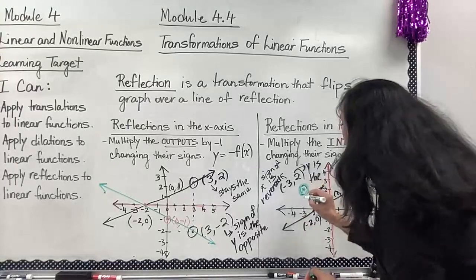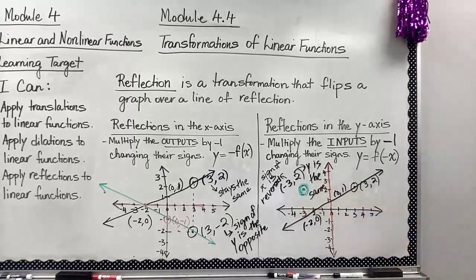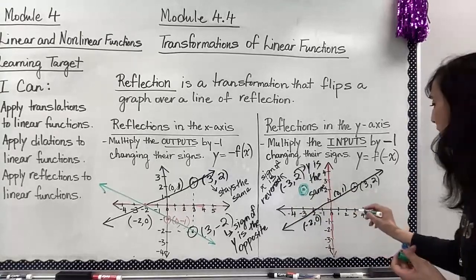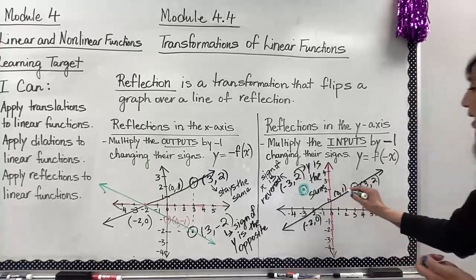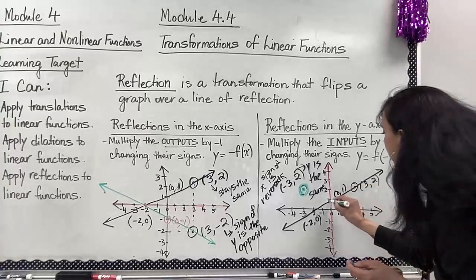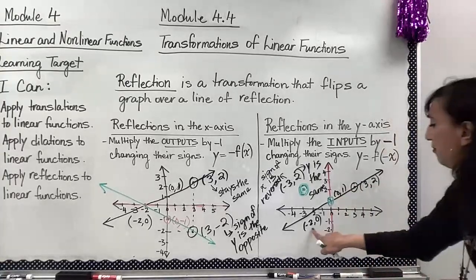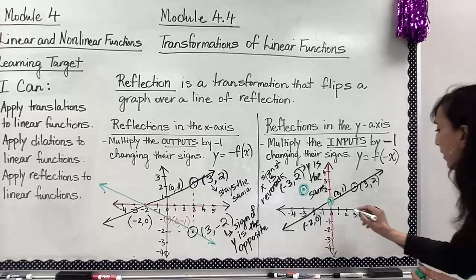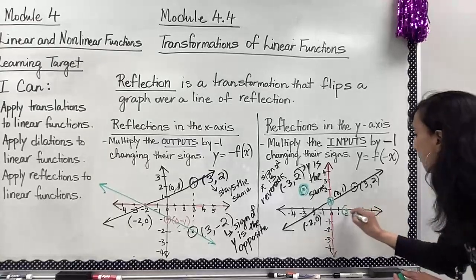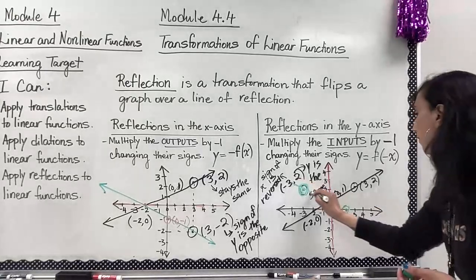So as you can see, x has changed, y is the same. Okay, and then coming down, let's look at this. x is going to be 0, and so this stays. And then over here, the opposite of -2 is 2, and that is (2, 0). So here we go. And now let's look at my graph.